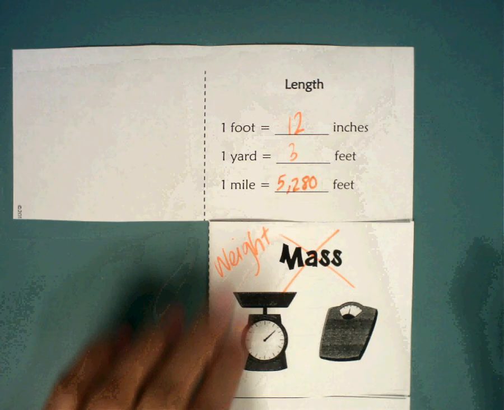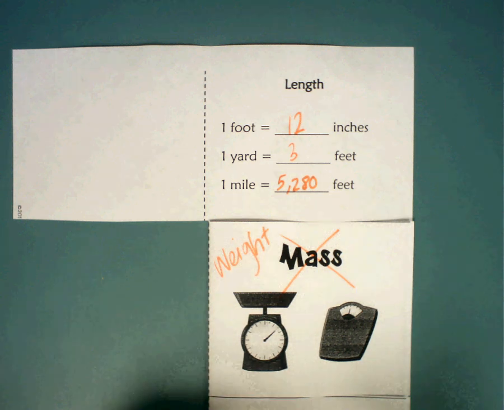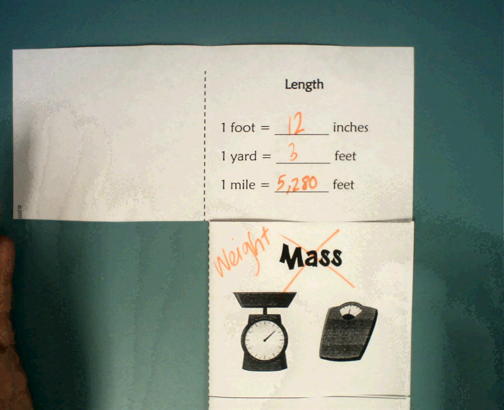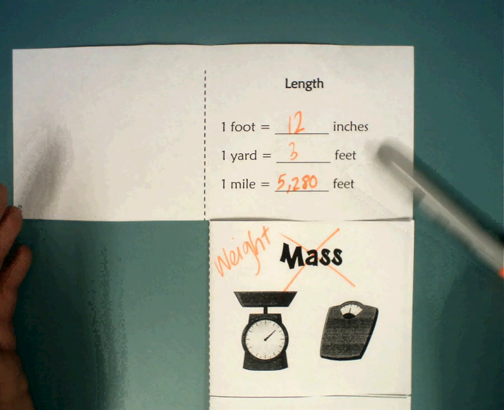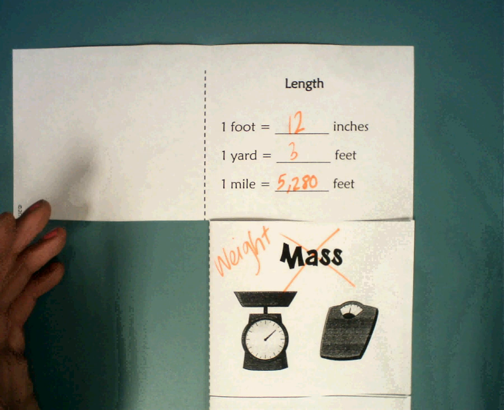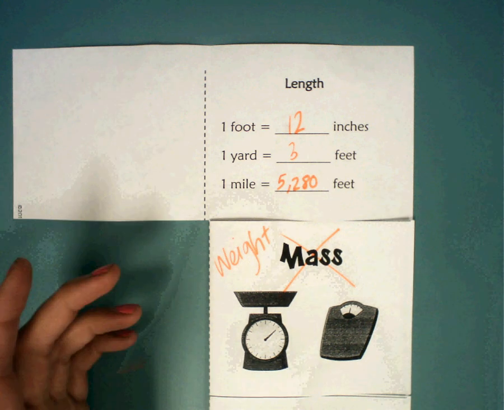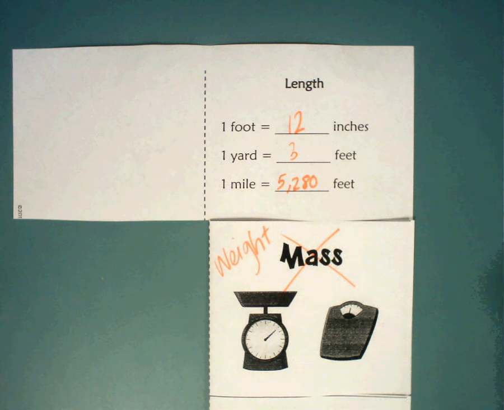That's why we're putting it in this little foldable. I have trouble remembering this one. It's just not something my brain remembers very well, which is fine because you have your star chart that has those conversions on there. But the rule of thumb is if you have to drive there, it's usually something you would measure in miles.